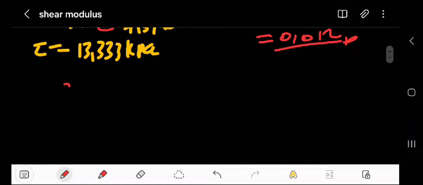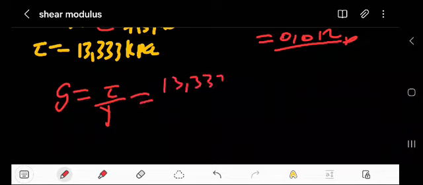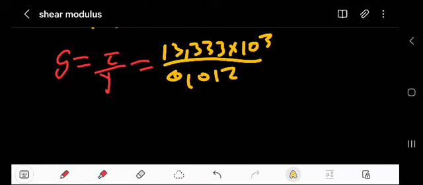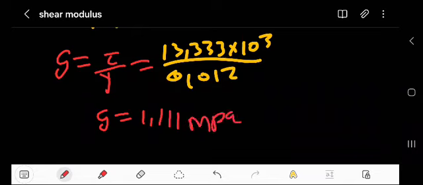Then our modulus of rigidity will be 13.33 multiplied by 10 to the power of 3, kilopascal, all over 0.012. Then when I punch this, I will make it to be in megapascal. This is what we'll have, and that is what we have there.